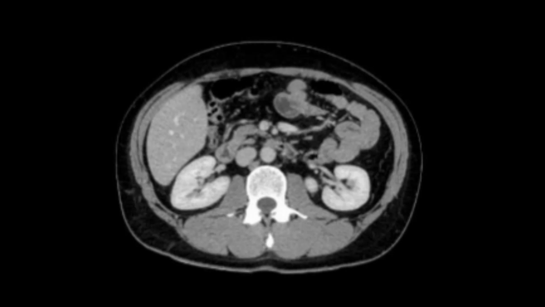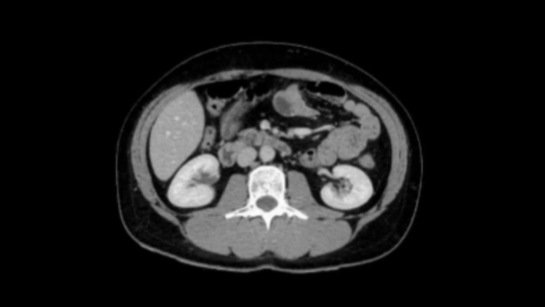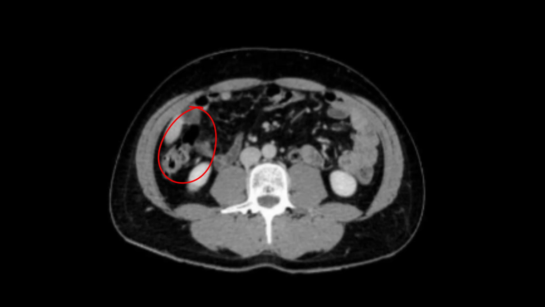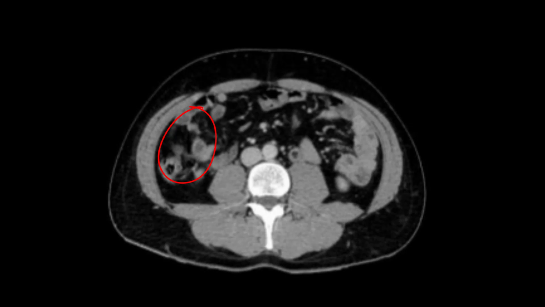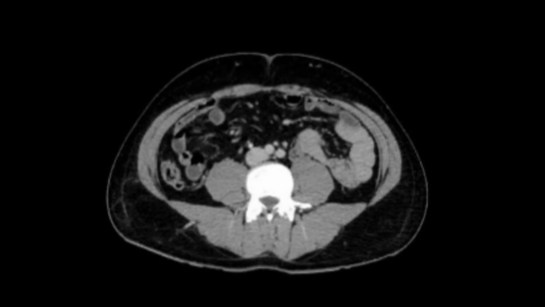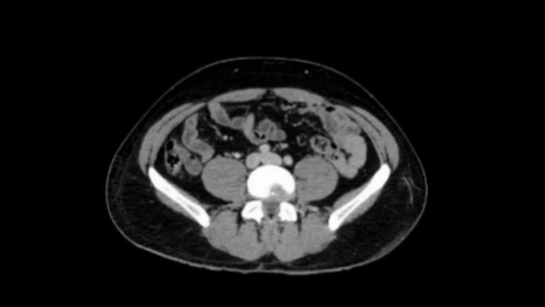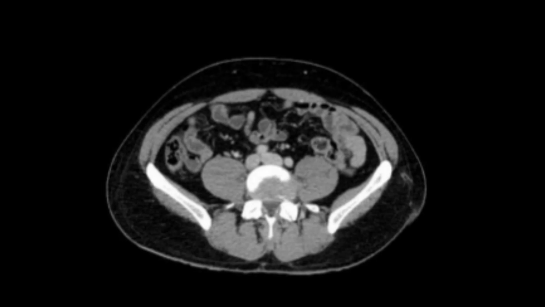Just in close proximity to the liver here, you see the hepatic flexure or the right colic flexure. This is the right colic flexure, and it splits into two departments, the ascending colon posteriorly here and the transverse colon just in front.